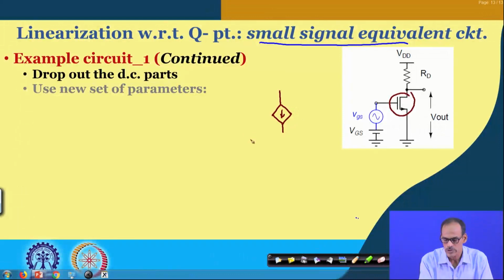a dependent current source, and this current source is capital I d s, which is a function of capital V g s and V d s. That is what we have discussed.